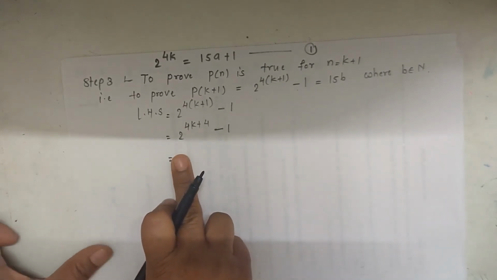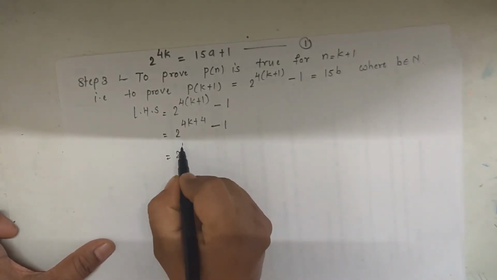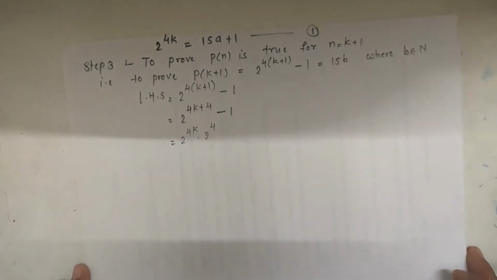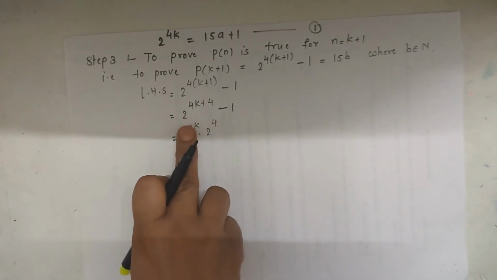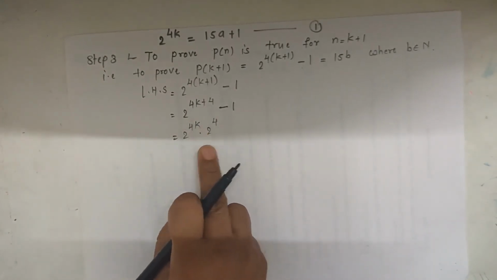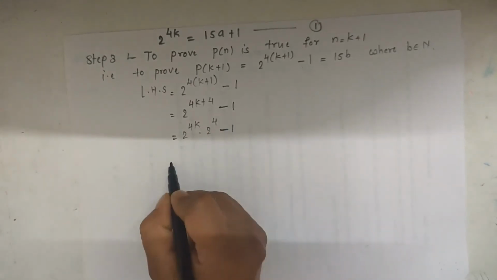By rules of indices, we can write 2 raised to 4k into 2 raised to 4 minus 1.